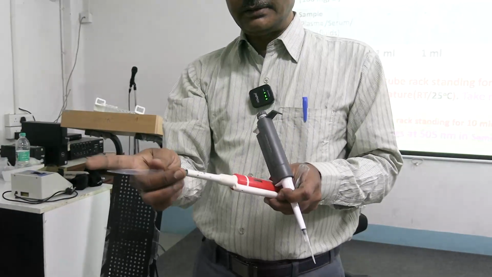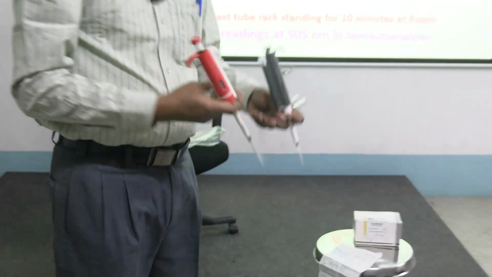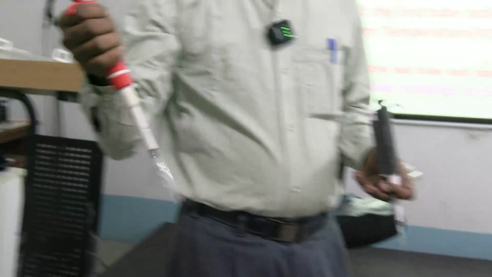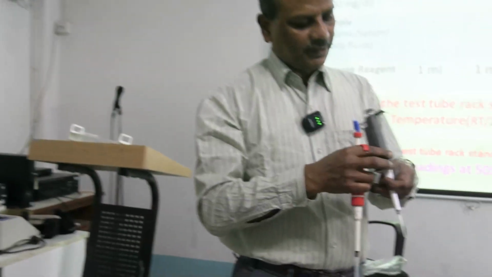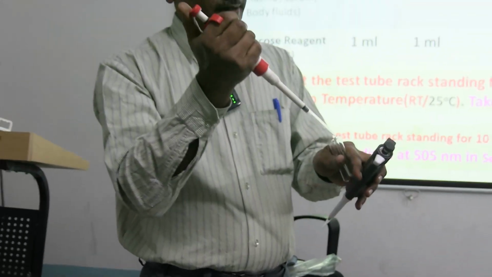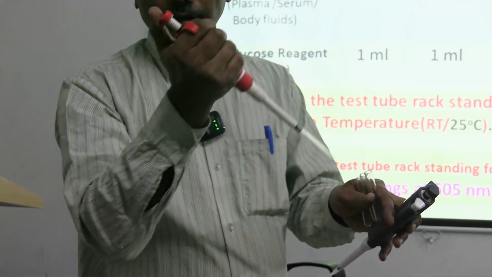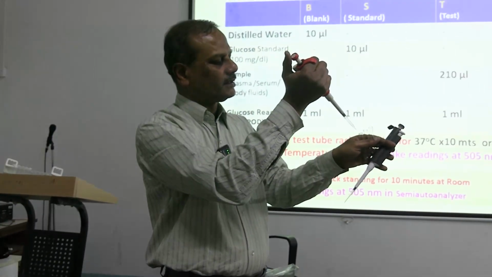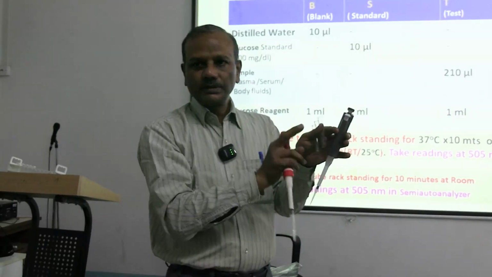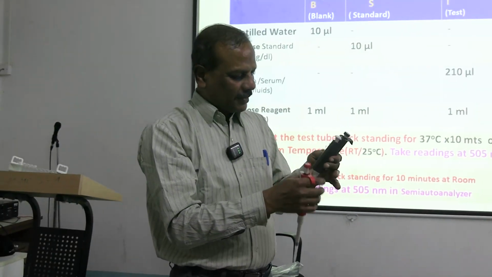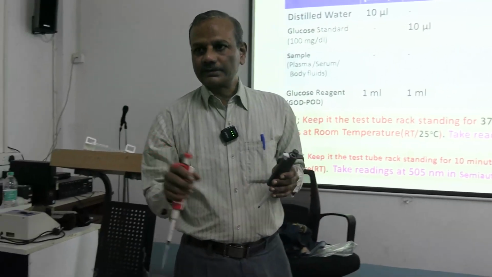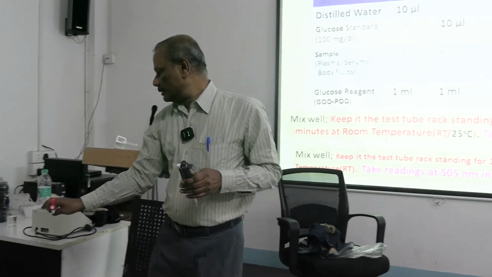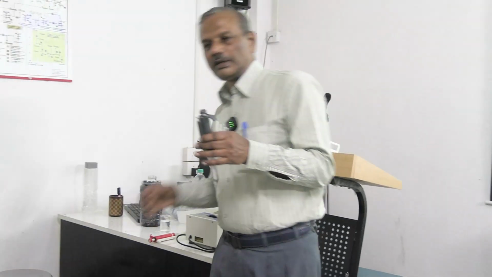So you insert it, to put it like this, and then the reagent will be there. You take the reagent using this one, and then you dispense it. And then you take another one, dispense it, and then another one, dispense it. So this is 1 ml. Now next time what you have to do, you have to take this pipette.